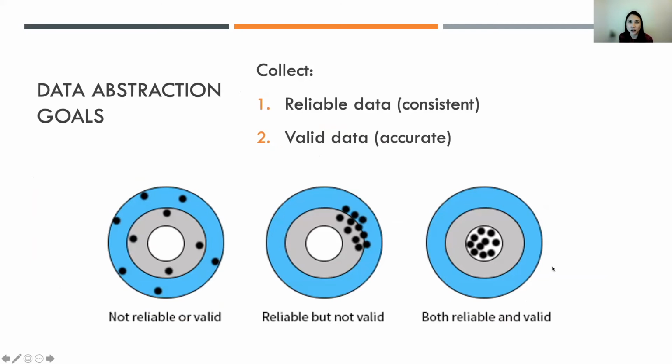So not only are we accurate because we're getting the darts all in the bullseye, but also reliable because we're consistently able to get them into the bullseye. That's really the goal, and that's why the training and the code book are really important when you have multiple abstractors on your team.